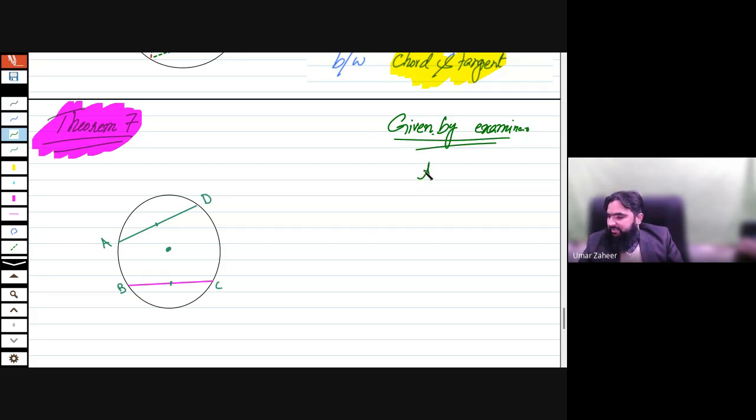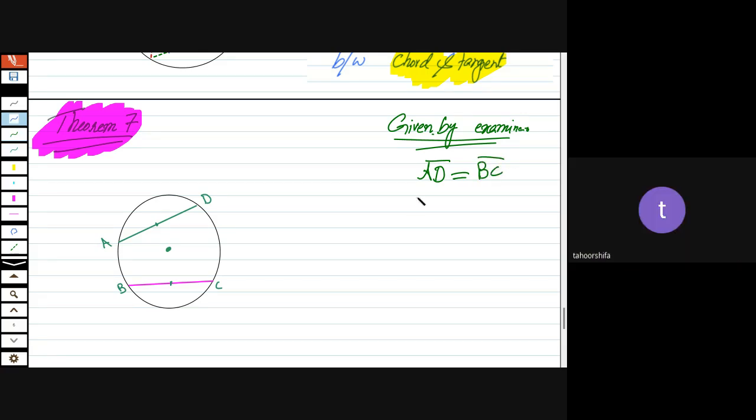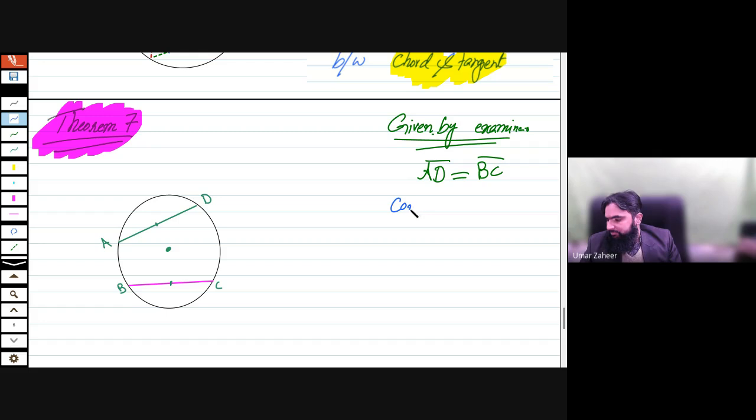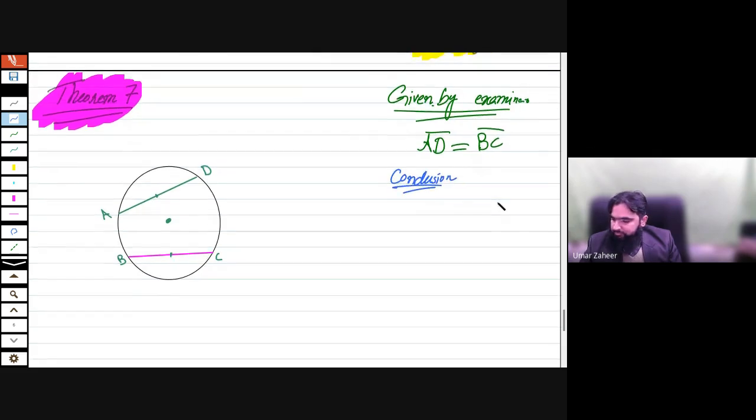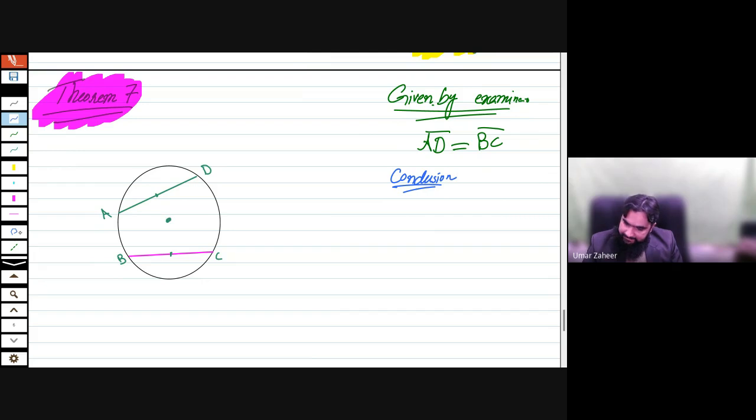It is given that AD is equal to BC, so the conclusion is that the perpendicular distance from the center to the chord AD and the perpendicular distance from the center to the chord BC are equal, and they bisect the chord into two equal parts.